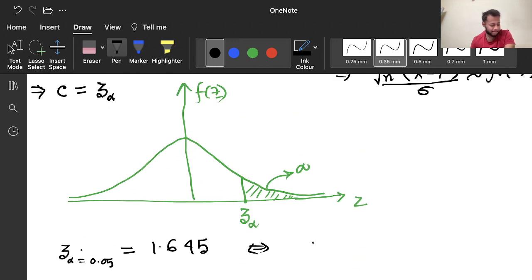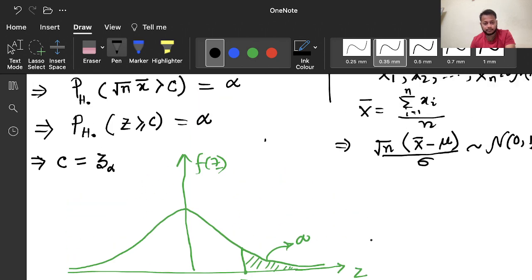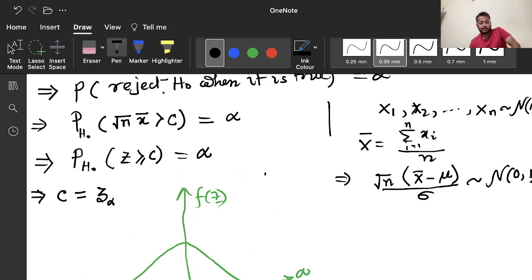So that means if root n x bar is greater than or equal to C, here anyone can be confused that in the previous step there is only a greater than sign, and in the next step I add an equal sign. But don't be confused, because for a continuous distribution the probability of finding a particular point, that is probability of C, will be 0.